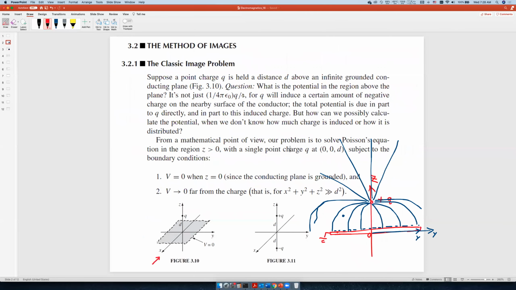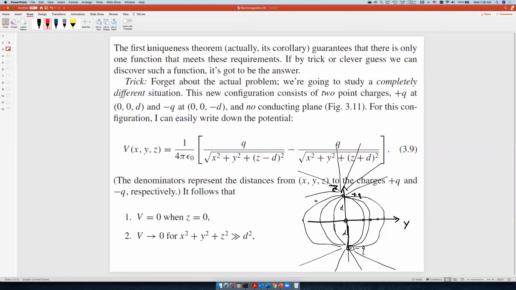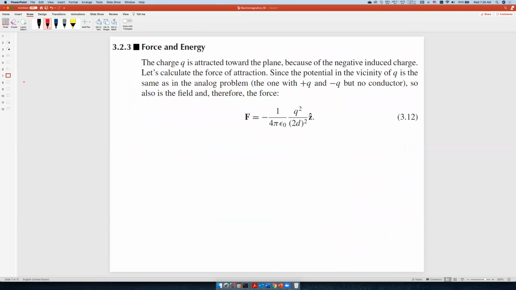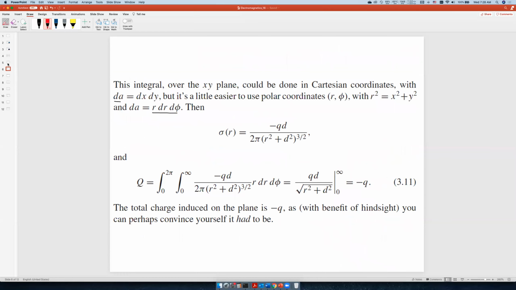In this situation, you just distribute a negative Q along an infinitely large plane, and distribute it in a specific way that it effectively equals putting a negative charge here. So that's the total induced charge on the plane.